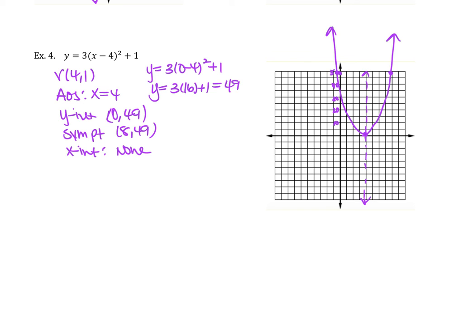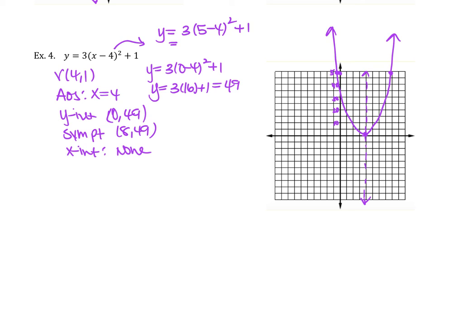If you didn't want to do it with the (0, 49), another thing you could do is instead plug in a value that you can plot. So in that case, since my vertex is at 4, I might plug in 5. So we would have 5 minus 4 squared plus 1.